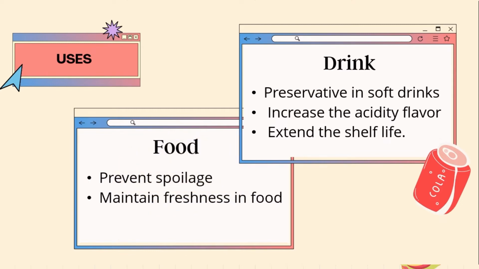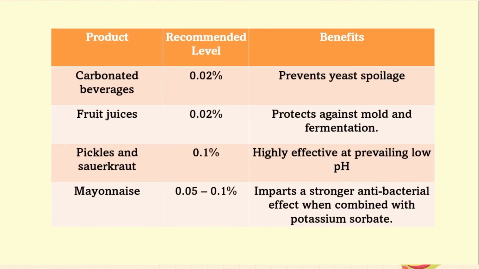In food, it is to prevent spoilage and to maintain freshness. So this is an example of products that use sodium benzoate as a preservative in their food product.